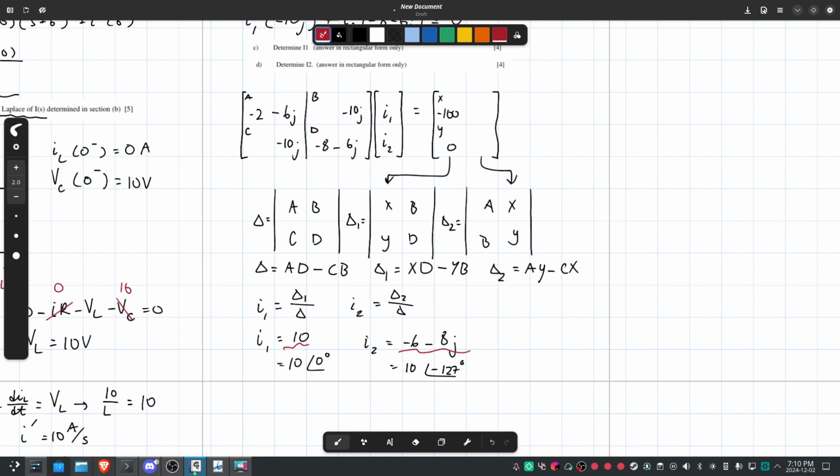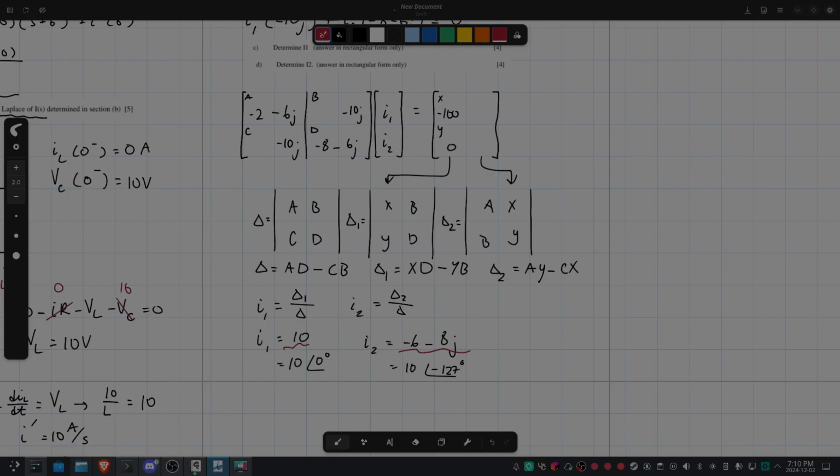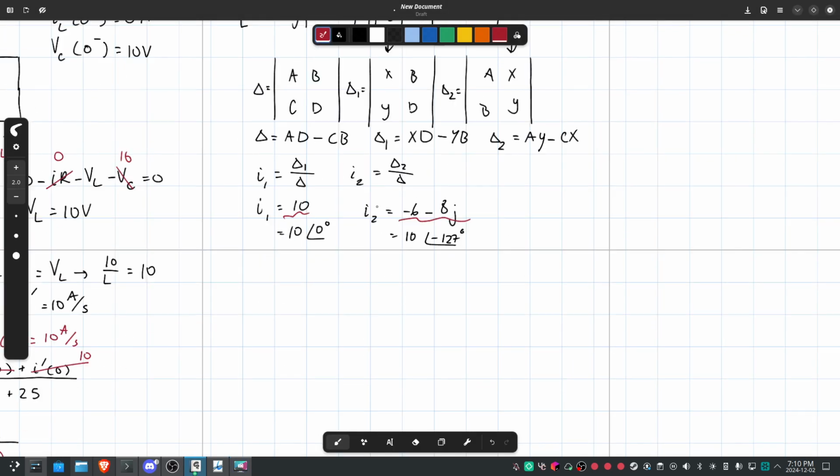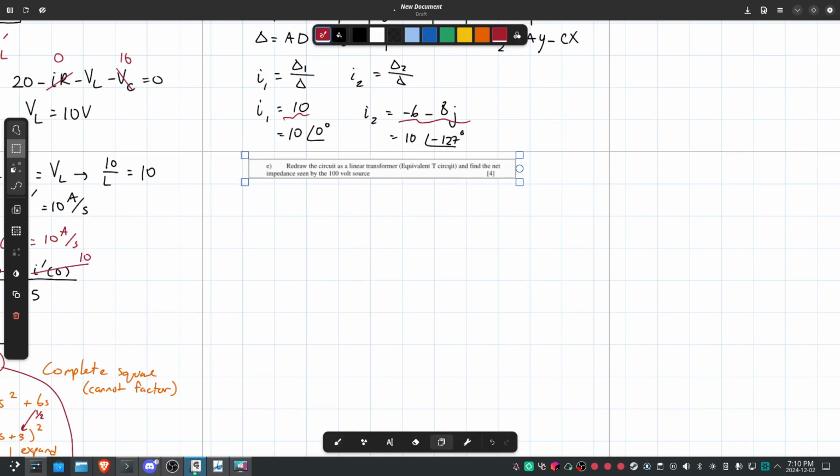Now, here we go. Redraw the circuit as a linear transformer equivalent T circuit and find the net impedance as seen by the 100j source. So once again, I'm going to ask a question. Does anyone know if we were taught something other than the equivalent T circuit?